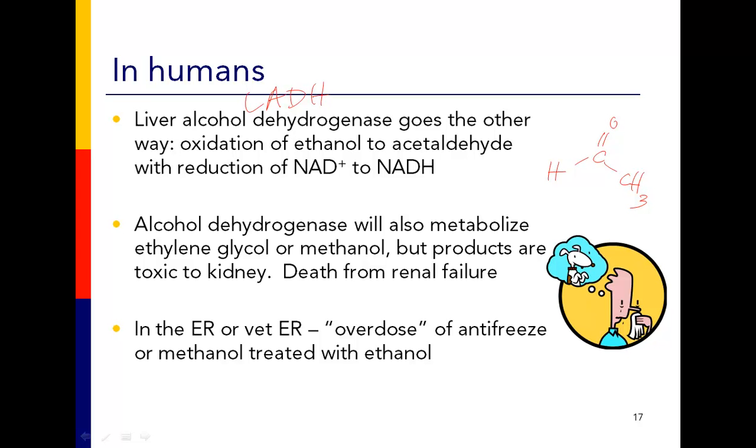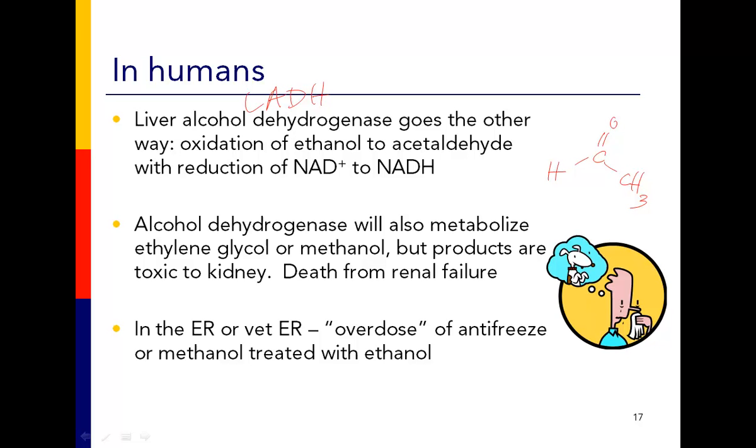Okay, and so the way that that's treated in the vet ER or in the emergency room is an infusion of ethanol. Okay, so not fun the next day, perhaps. So why does that work? It's a competitor. That tells us that the methanol itself is not toxic, because then your kidneys will just flush out the methanol. It's the byproduct that's bad.